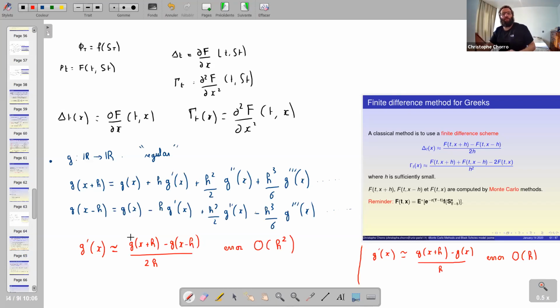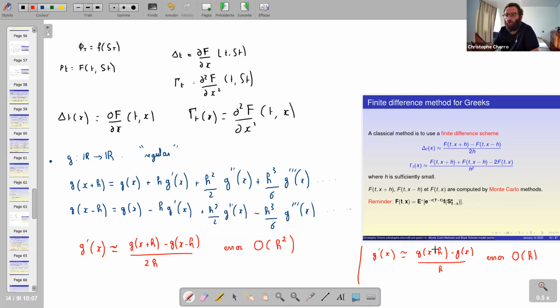So in the case where J is very regular, I have several ways to approximate a first order derivative. This classical expression here has an error that is a big O of h, but I can also consider this one. Here you see that there is a bias in the way I approximate, because I consider only points that are greater or smaller than small x.